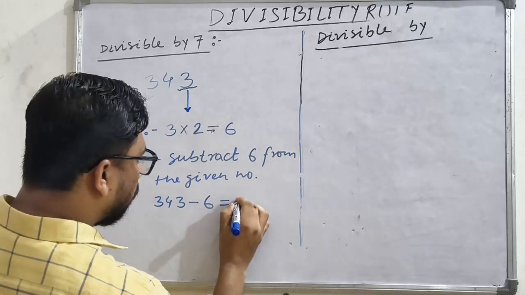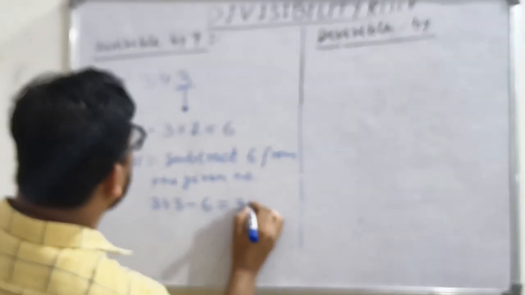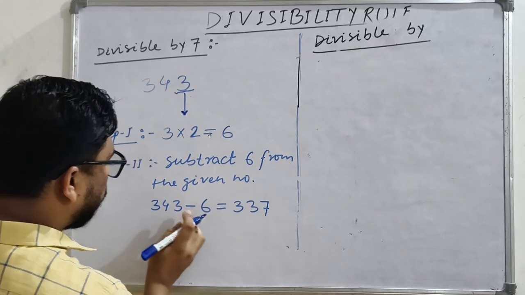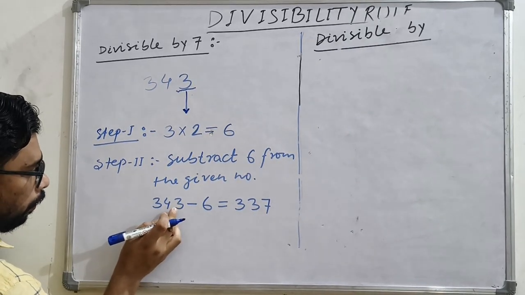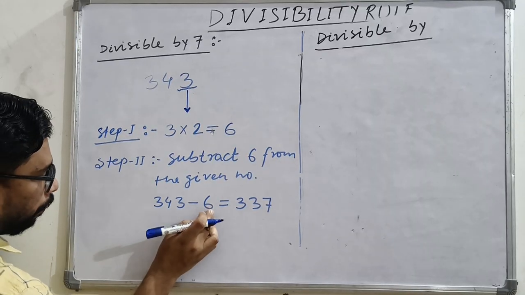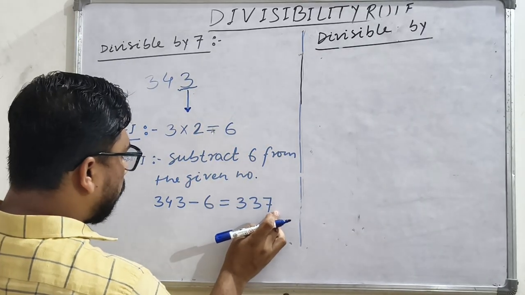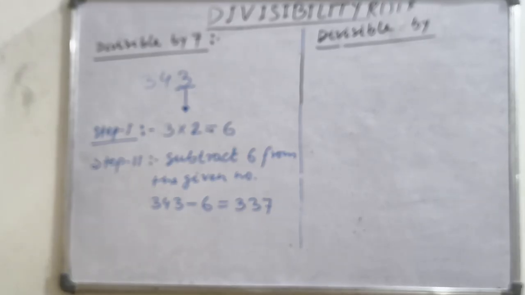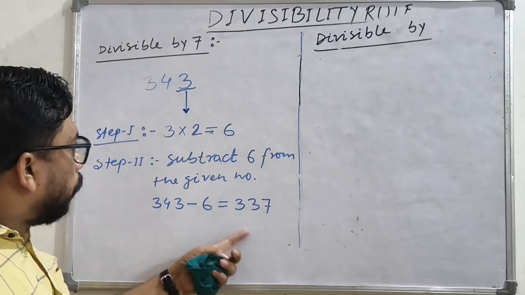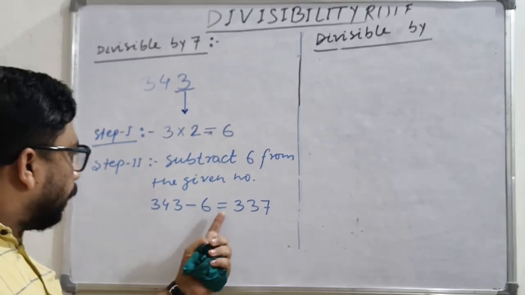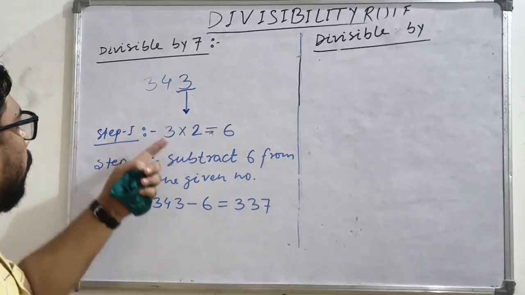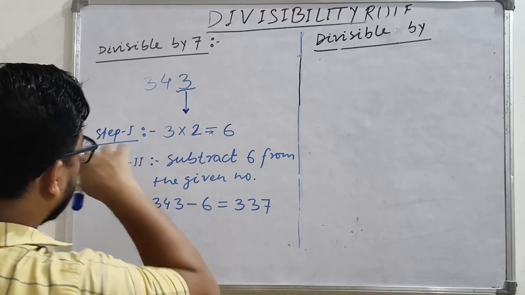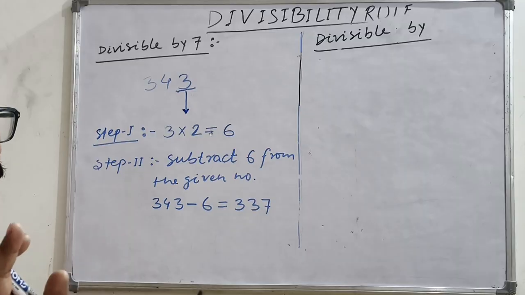How much is it? 13 minus 6, which is equal to 7. The remainder here is 3, so 3 and 3. Now, you can't decide whether 337 will be divisible by 7 or not. One thing.